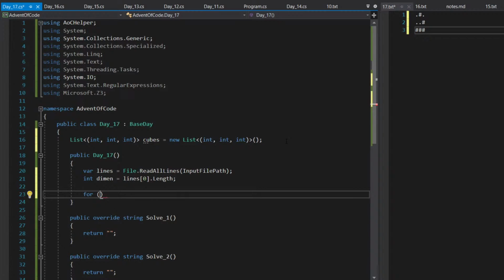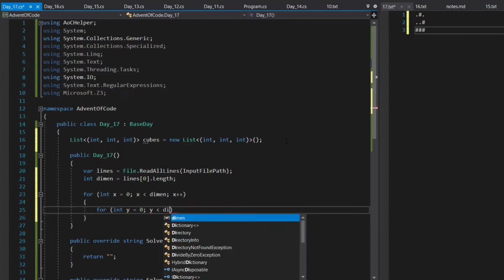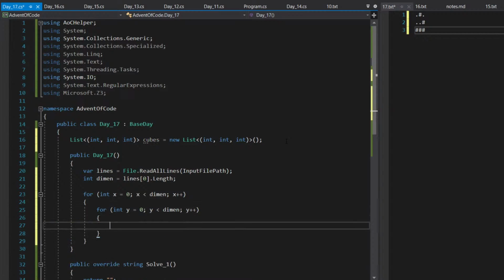Or let's start with parsing through X. And we'll get Y as well. We'll just assume Z is going to be 0 for everything. So cubes. Actually, let's only add active.